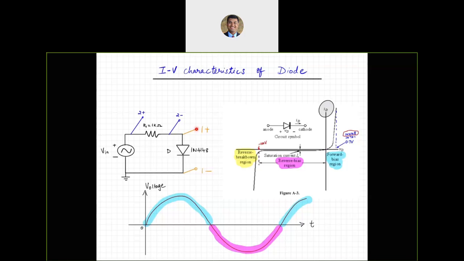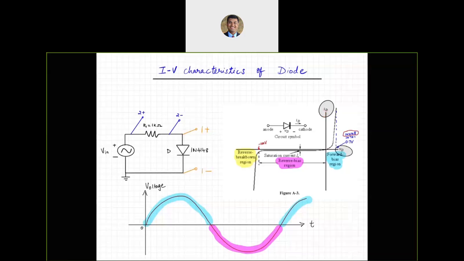Channel 1 is going across the diode, so we get the voltage across the diode using that. That's essentially going to give us the x-axis information. And the y-axis information, which is the current through the diode, for that we are going to play a little trick here.